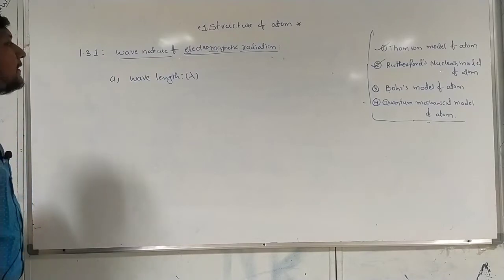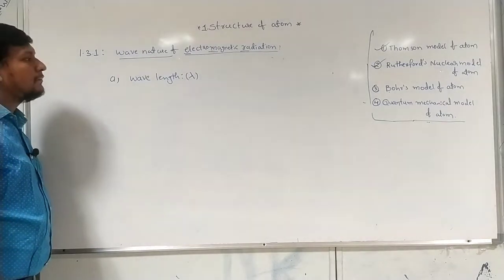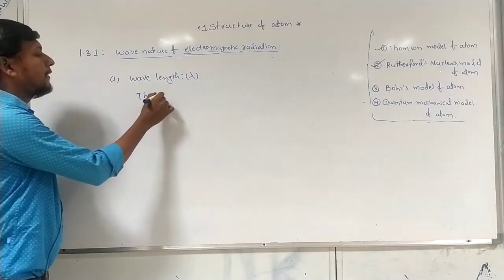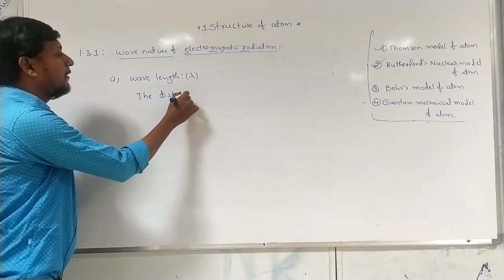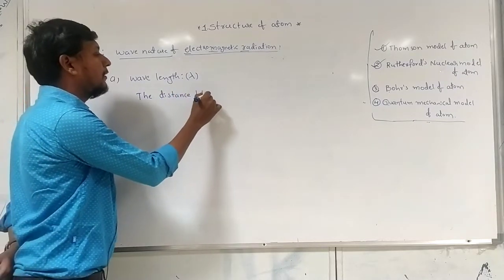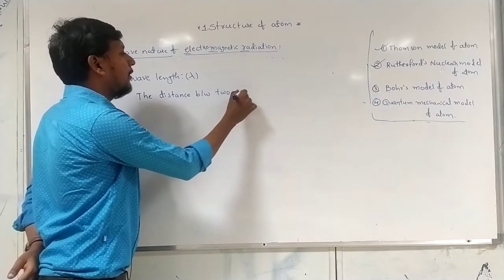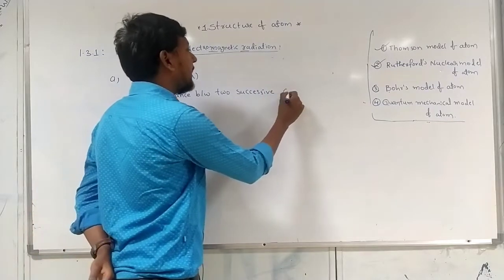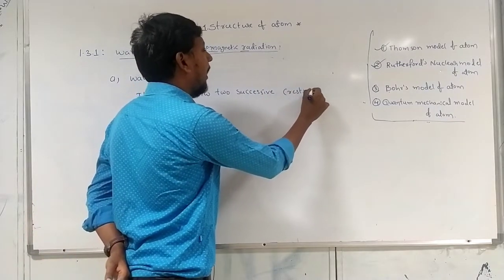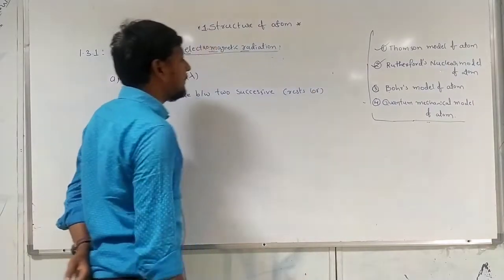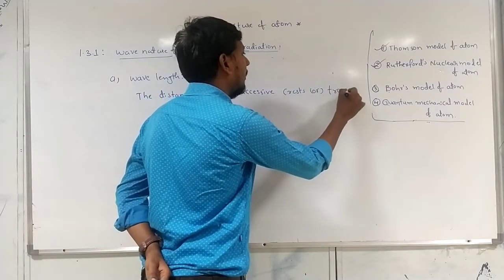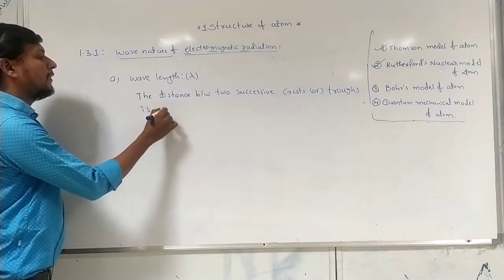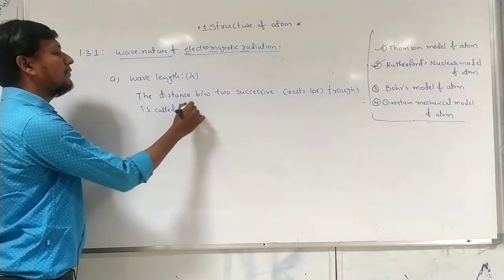First of all, what is considered as a wavelength? The distance between two successive crests or two successive troughs is called wavelength, or lambda.